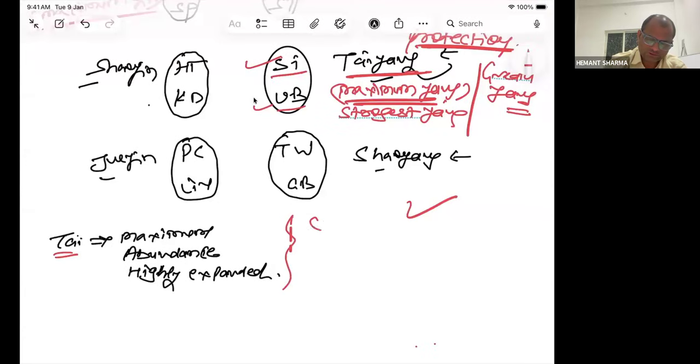So Shao means a lesser yang, a smaller yang, a smaller yin. Shao means lesser, little, or smaller. So a smaller amount of yin or a smaller amount of yang, like Shao Yin or Shao Yang.